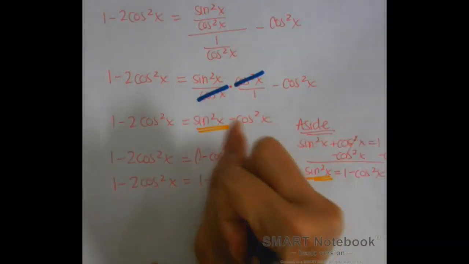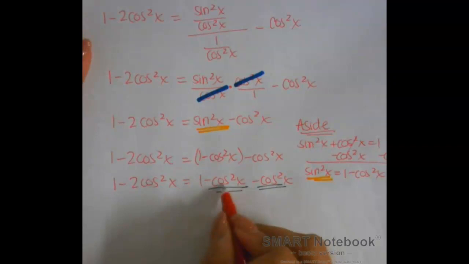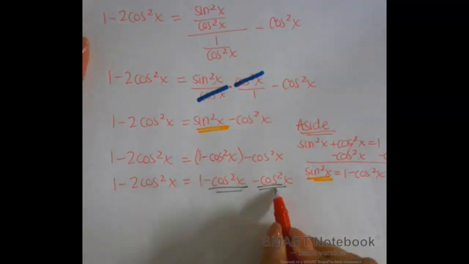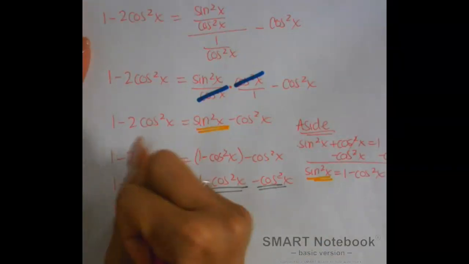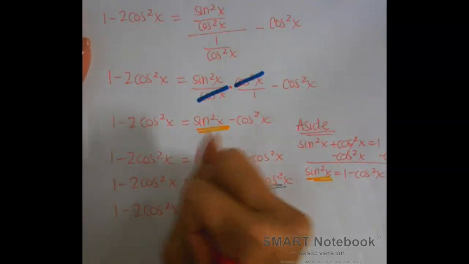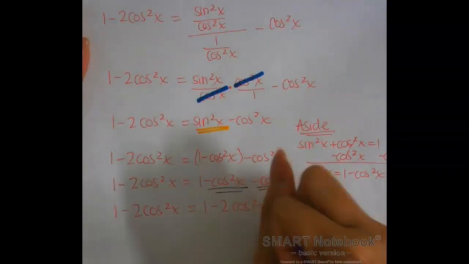Okay, but when you combine both of these, what do they turn into? Not just because it's here, but because when you actually combine these, this is like negative x minus x. You can just combine both of those. So negative x minus x will turn into negative 2x, which is what we're looking for here. So cosine squared x equals 1 minus 2 cosine squared x, because you have 2 of them.